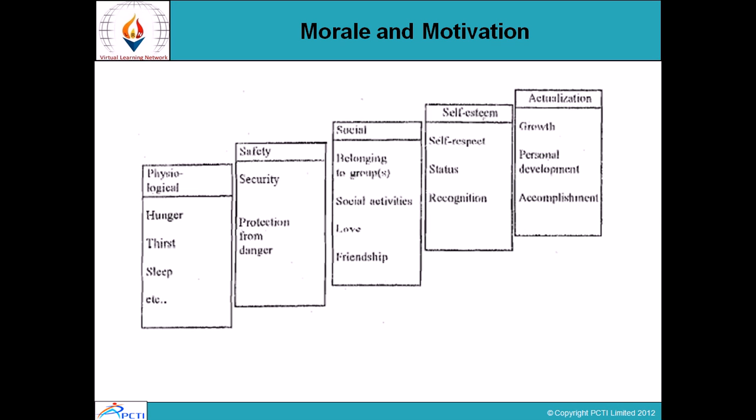Next is morale and motivation. Morale and motivation can be enhanced with the help of different parameters like physiological factors, safety factors, social factors, self-esteem factors to increase the morale and motivation, and at last actualization. The physiological factors include hunger, thirst, sleep, etc. Safety includes security and protection from danger. Social includes belonging to groups, social activities, love, friendship.